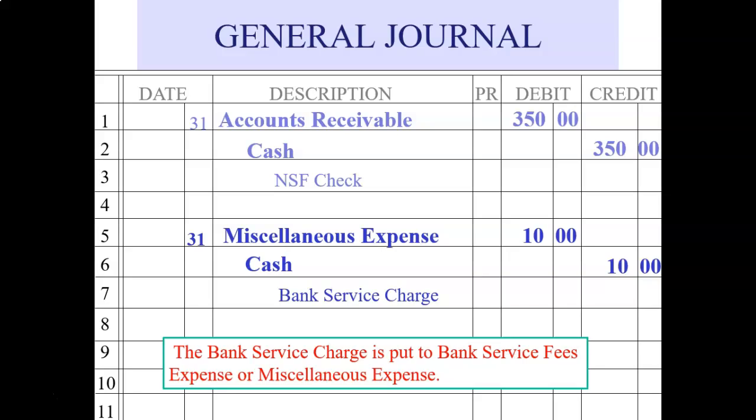And some companies say, oh, it's just a little tidbit of amount, so we're not even going to bother having an account for that. And any little stuff is just going to go into miscellaneous expense. So it just depends on the company and their chart of accounts. Now, Mary Adams doesn't have a bank service fee expense, so we're going to use miscellaneous expense instead as our debit for the $10.